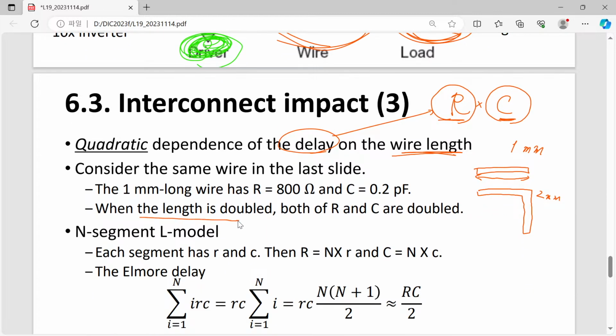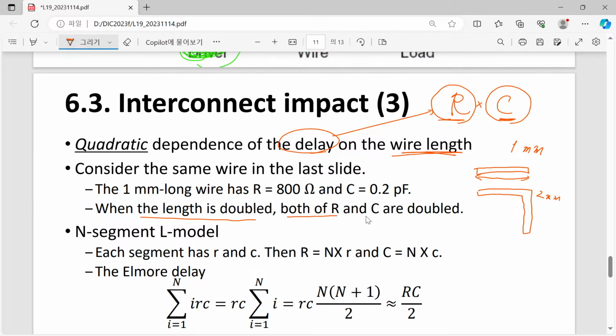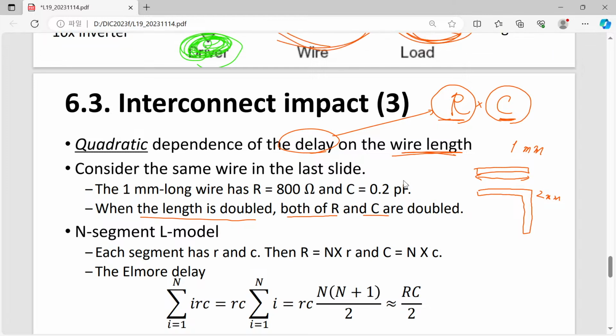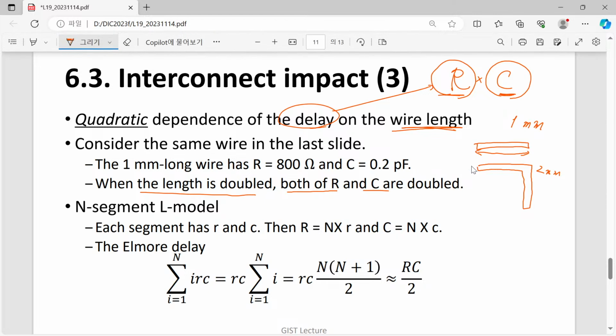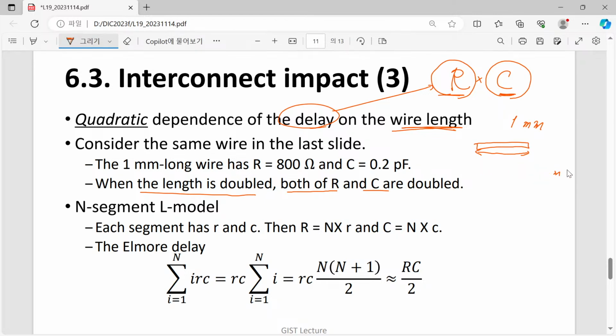When the length is doubled, both R and C are doubled. So what will be the consequence? Of course, we must avoid a long line as much as possible. If we can avoid the use of a long metal wire, then we can significantly reduce the delay caused by this metal wire.